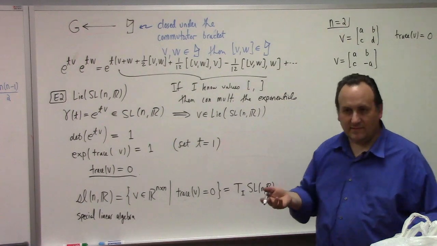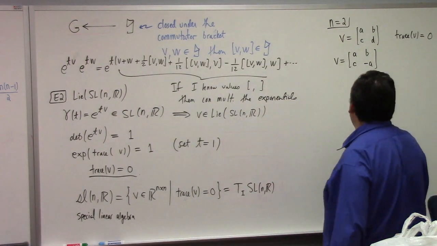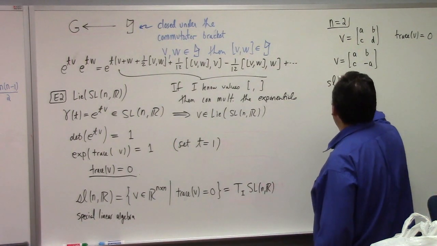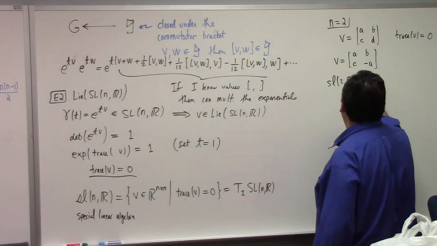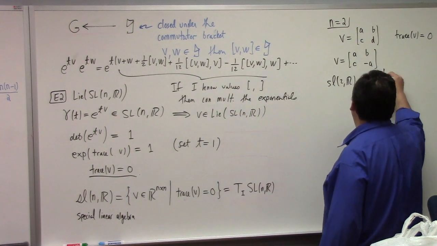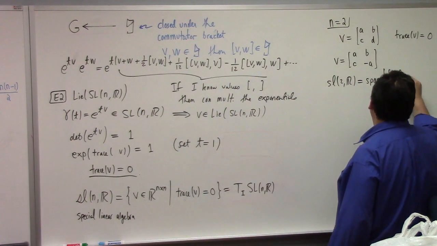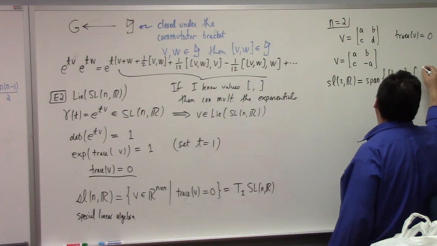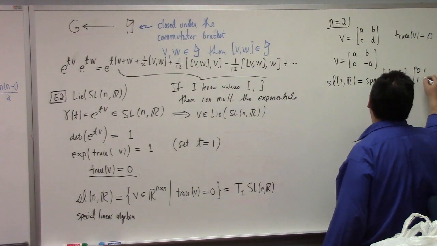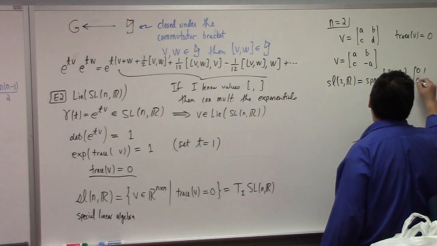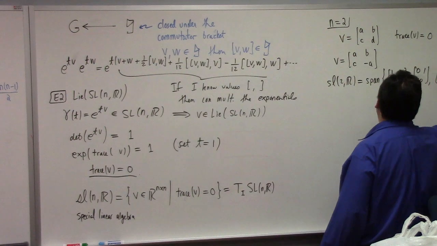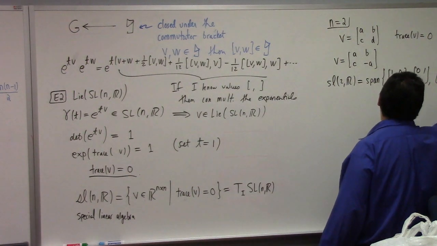Does that make sense? So in other words, SL2R is the span of 1, 0, 0, minus 1; 0, 1, 0, 0; and 0, 0, 1, 0.